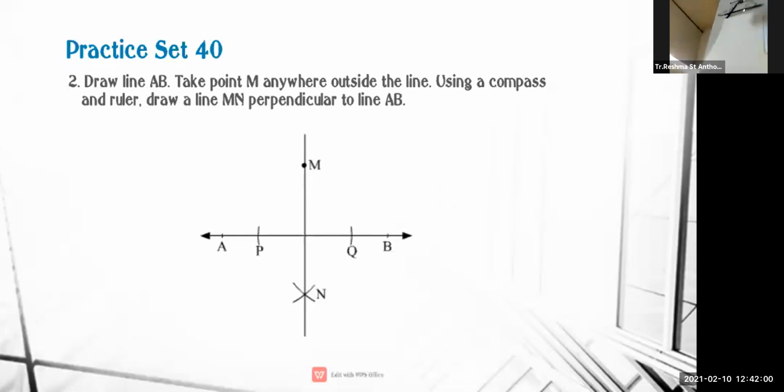You have to draw a line. Name of that line is AB. Then with the help of compass, what you have to do? Take more than half. This is half.